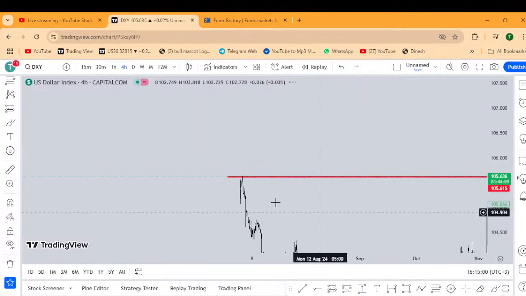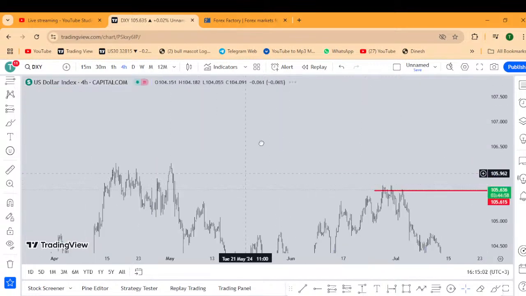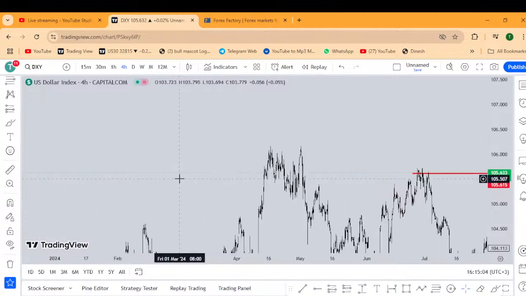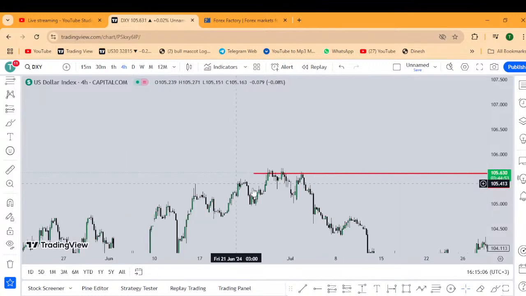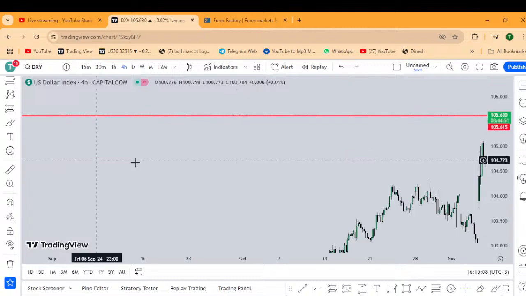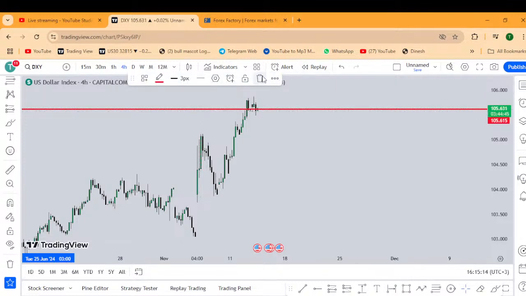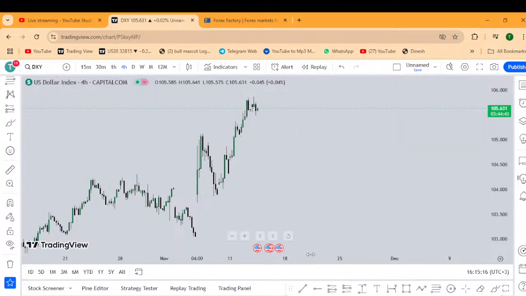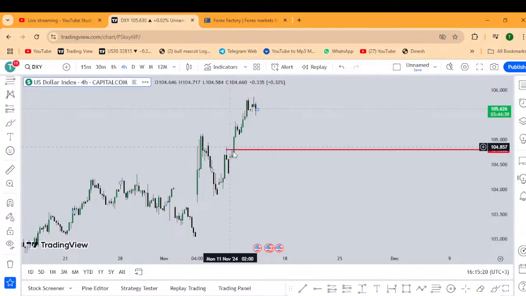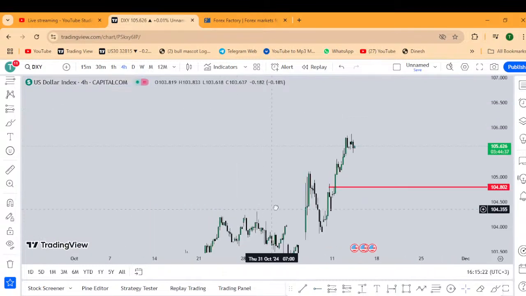So this is the 4-hour time frame. Let's first look for the possible areas of sellers and areas of buyers. When you look on our 4-hour time frame, this is the area we expect buyers. This is an area with possible strong buyers.